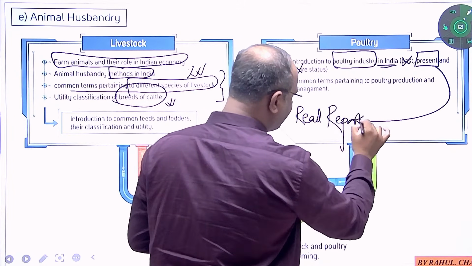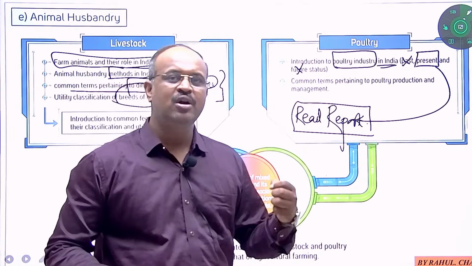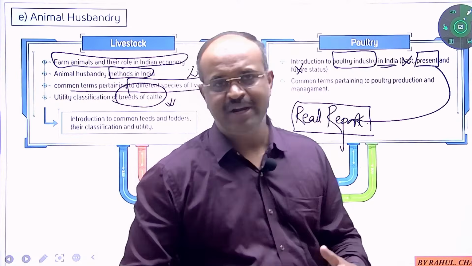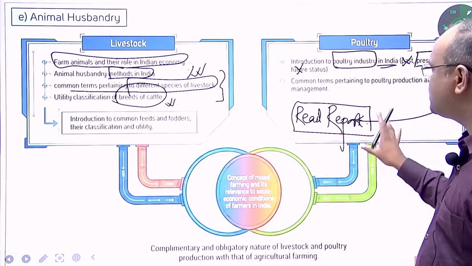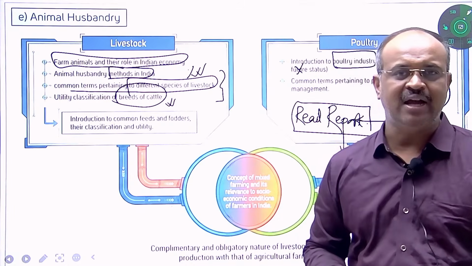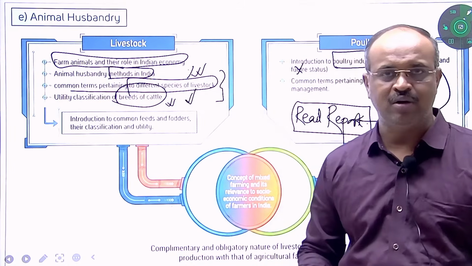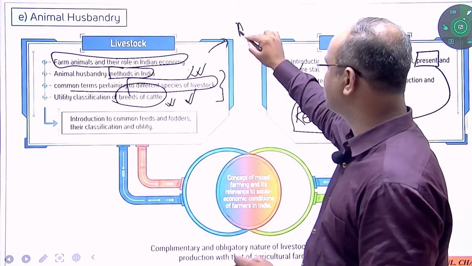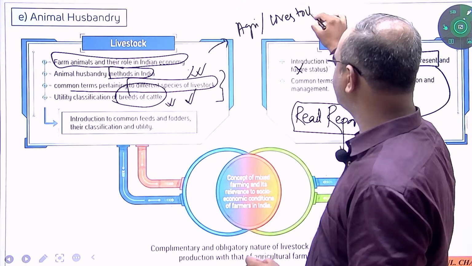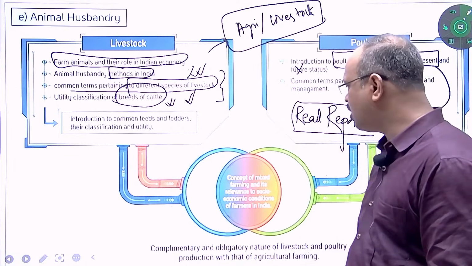So Government of India reports, it may be the NABARD report, it may be basically the Ministry of Agriculture and Farmers Welfare report, Ministry of Animal Husbandry, Fisheries, Animal Husbandry. So those ministries' reports we have to focus on, because they will ask you the data with respect to the poultry, they will ask you the data with respect to the livestock, and here the agriculture census as well as the livestock census is very, very important. So I will say it is the third most important topic we can say.